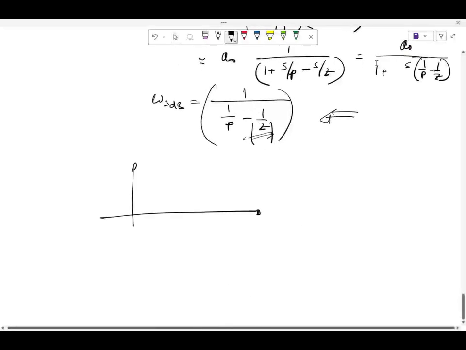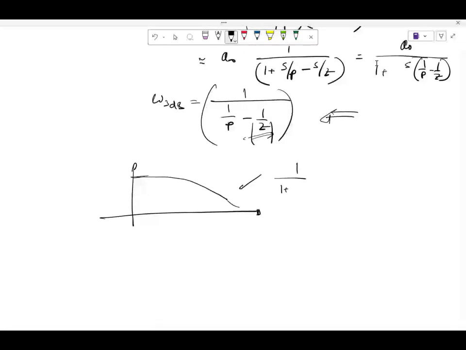So let's say this is your first order plot, which is 1 by 1 plus S by P. If I have another plot which is 1 plus S by Z, and I'm not commenting on the direction of the zero, clearly for every value of omega beyond omega equal to 0, I am going to have a higher value of H. So I'm going to get something like this.